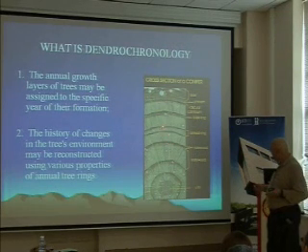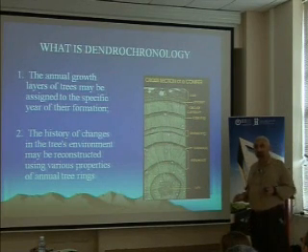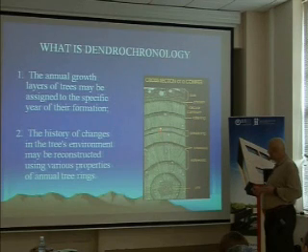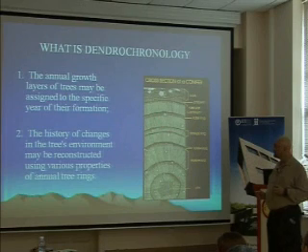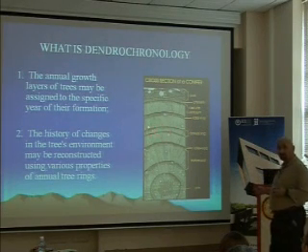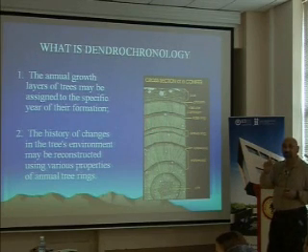The late dark cells represent the late wood. So a ring consists of early wood and late wood. This is one ring, okay? So each annual ring of these can be assigned to an exact calendar year.